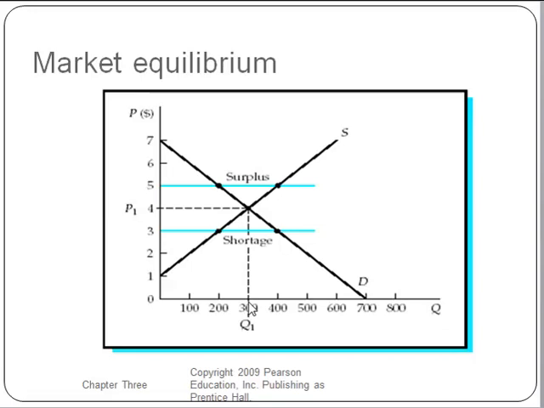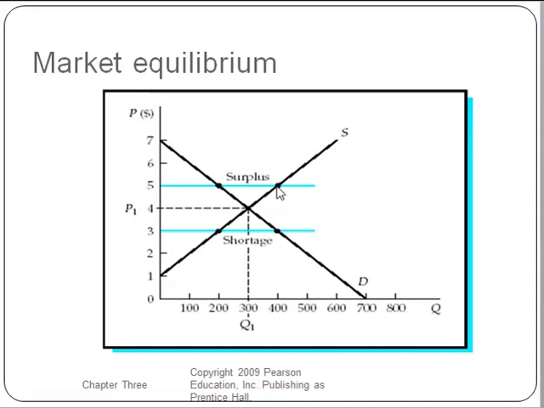What if pizza places charged a price higher than this equilibrium price, say at $5 per slice? Then the quantity supplied will be 400 and the quantity demanded will be 200. There are 200 slices of surplus.